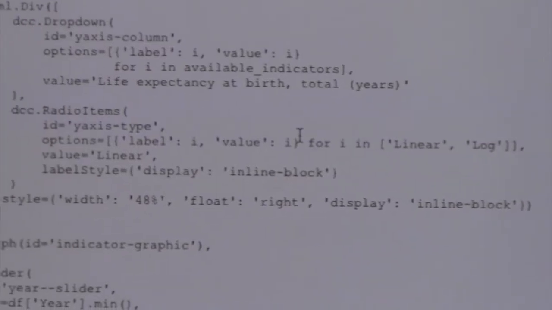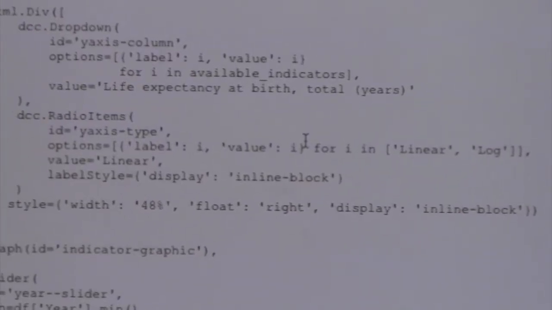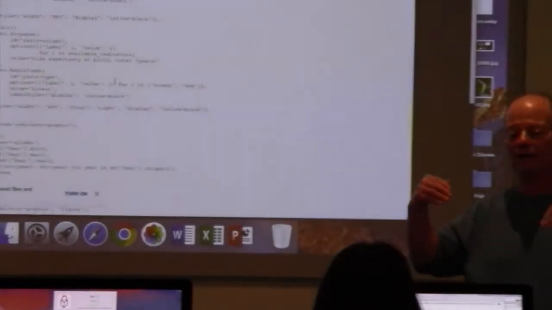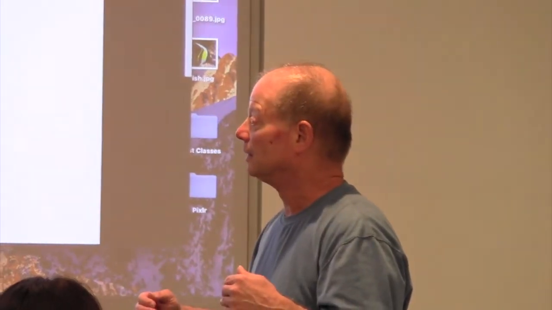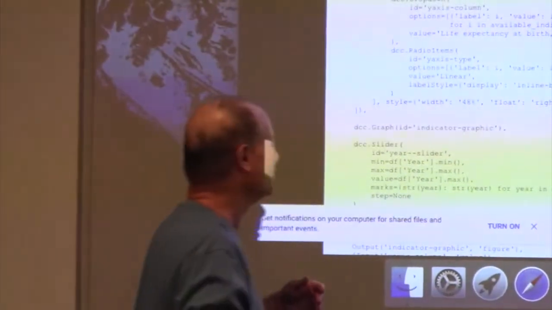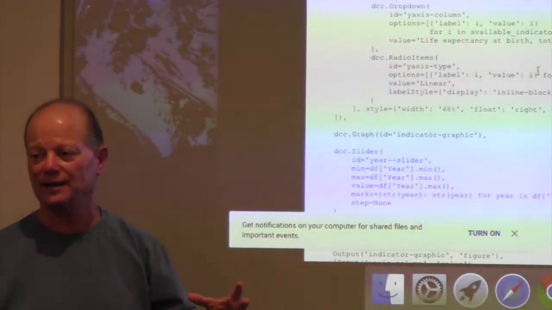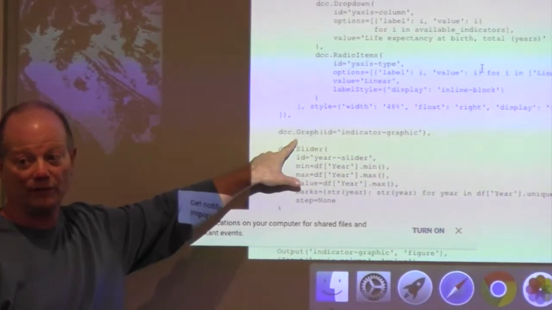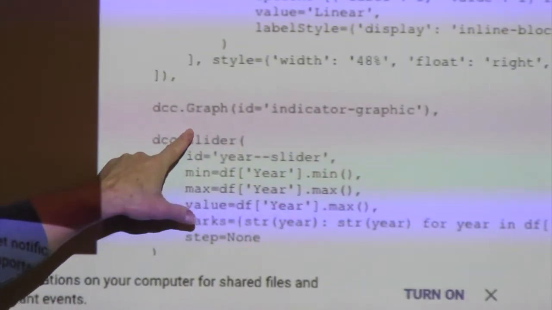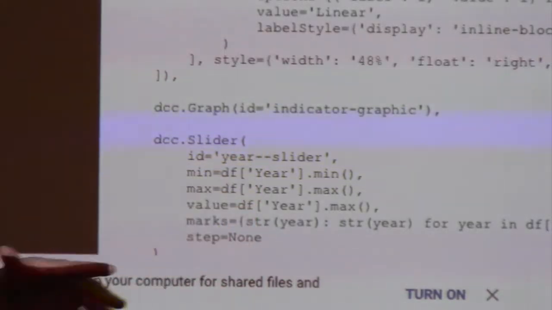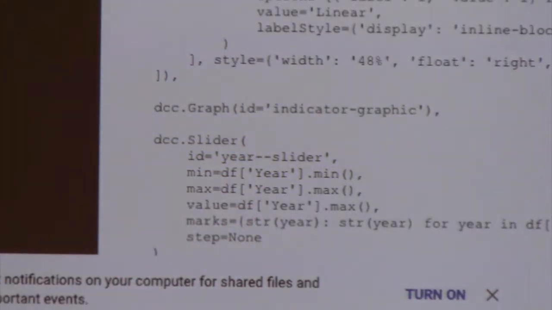Okay? So what you could do is have any one of those indicators plotted against any other indicator. That's the whole thing this is doing, right? In a scatter plot. Now, the whole thing for the graph itself, that main graph of the scatter, that's the line of code for it. It's graph, ID, that's all you need. The graph is the DCC component knowing that a Plotly graph is going to be put in there.